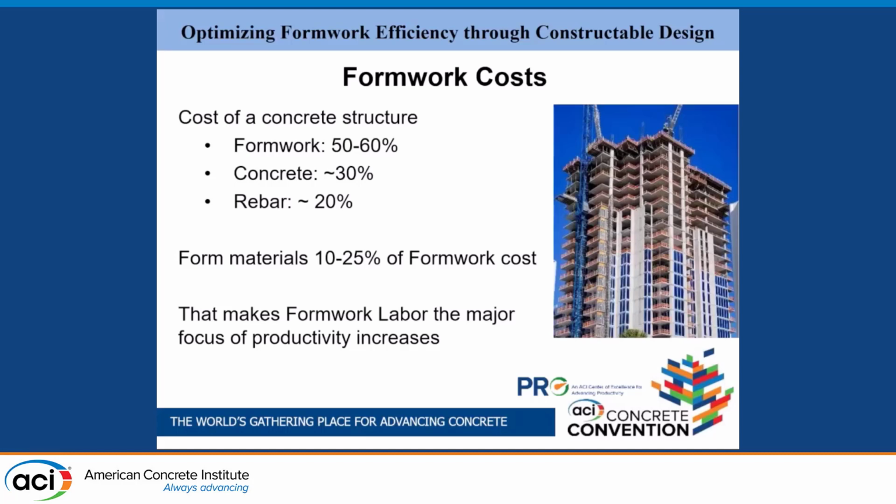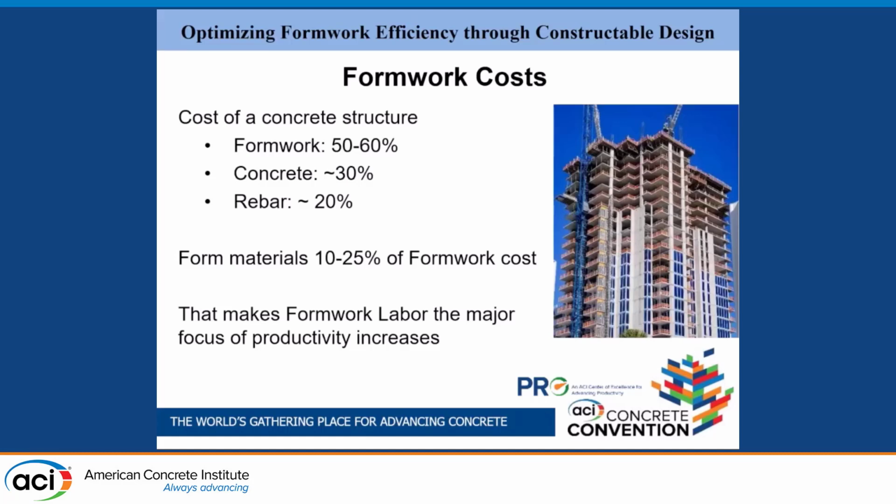So over a couple of presentations, this has come up earlier: what it costs to make a concrete structure. Formwork cost is a very large percentage of that cost. So the cost of a concrete structure, and these things obviously vary. Formwork is 50 to 60% of the total cost of the concrete structure, not the building itself with everything, but the concrete structure itself.